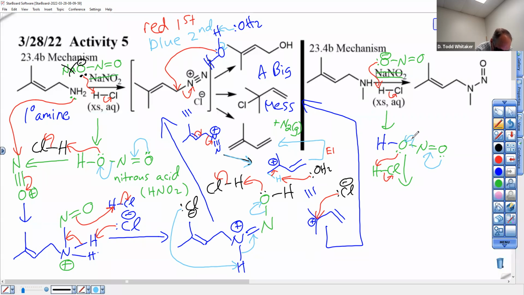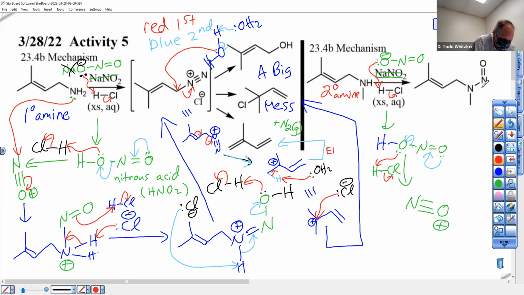You got your N triple bond to O. This one's almost done. If you have a secondary amine, the story's a lot simpler. Primary, a lot more going on. Can you get me to that final product? Can't even see it. There it is.